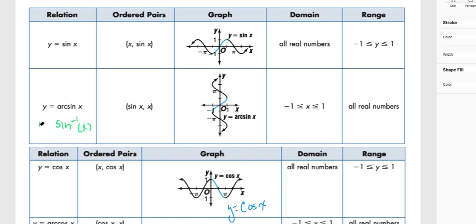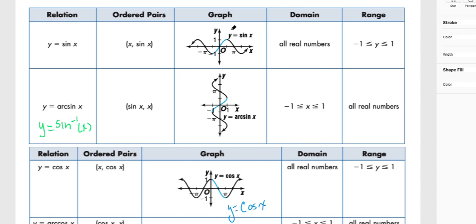So we'll use that -1, which we know when we put that on a function, we're talking about the inverse function. But both arcsine and sine inverse x are both ways of talking about the inverse function, where the y value is now the x value and the x value is the y value. You guys get what I'm saying?